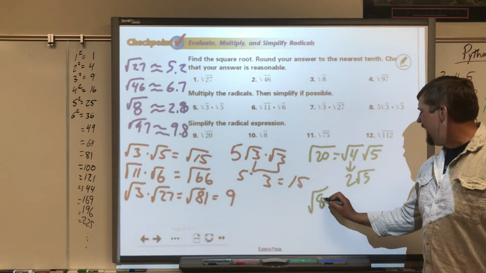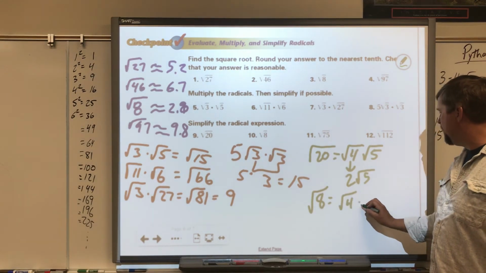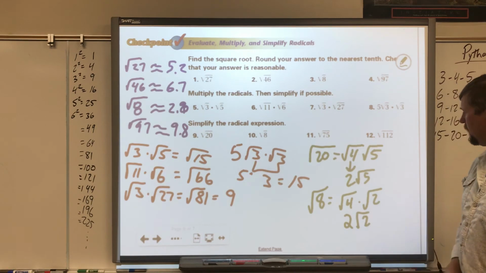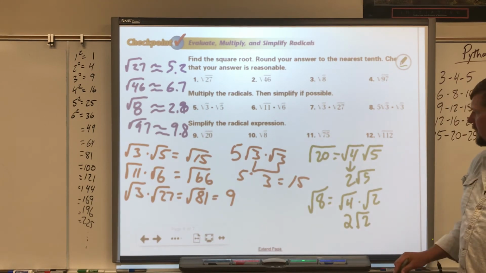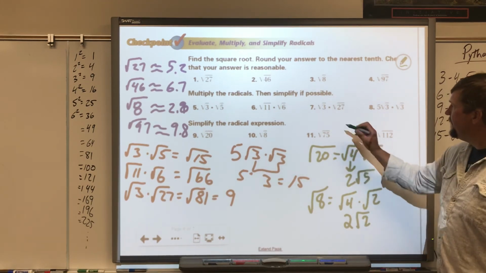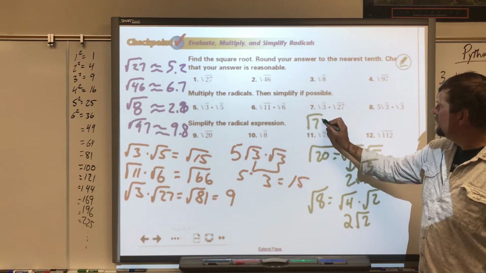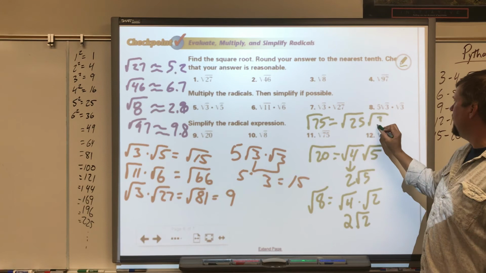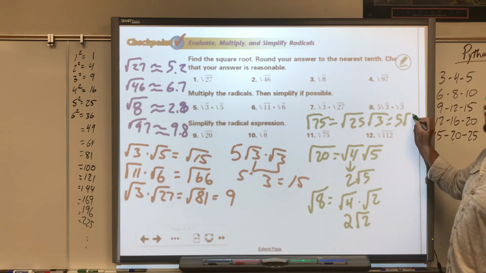The square root of 8 is also 4, but this time times the square root of 2, so that's 2 square root of 2. The square root of 75: 25 is a perfect square that goes into 75, so that's 5 square root of 3.